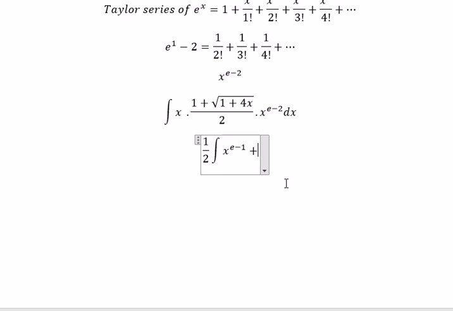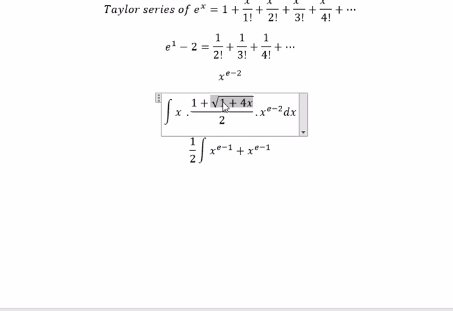And the next one is s to the power of e minus 1 multiplied with the square root of this one.